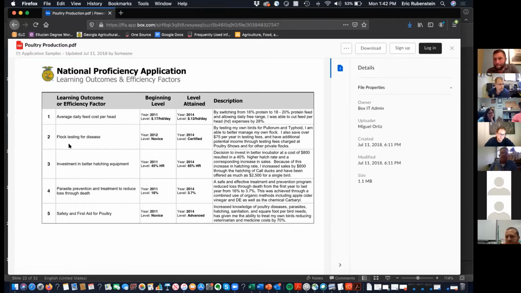Well, I think you need to keep in mind the definition of an efficiency. If you're making more money, you're probably being more efficient. If you're cutting down on mortality rates, you're probably being more efficient.